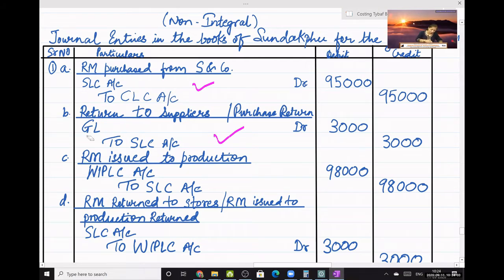Cost ledger control for GLA. Okay? Then journal entry number 1C, raw material issued to production. Issued means raw material is going out. Credit what goes out. Debit what comes in. Okay? So WIP में it is coming. WIP ledger control account debit to SLC.